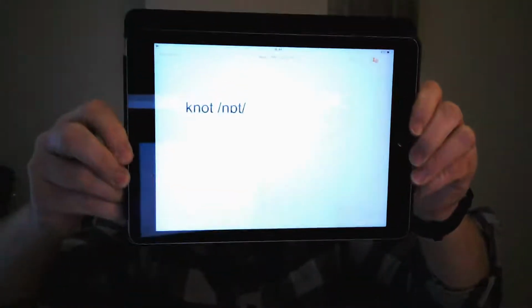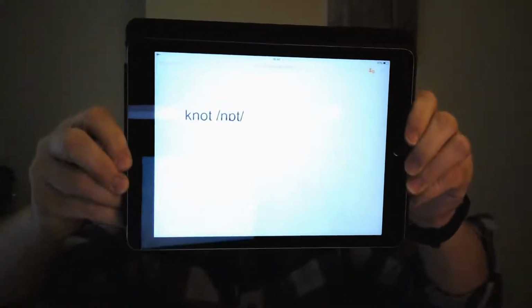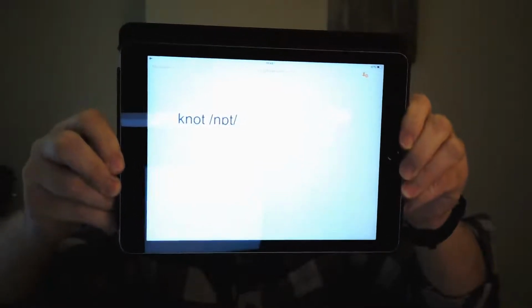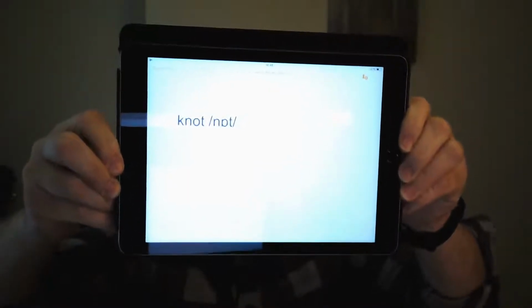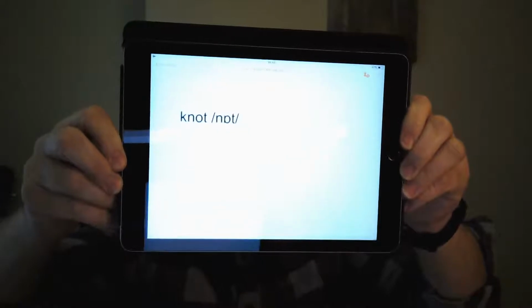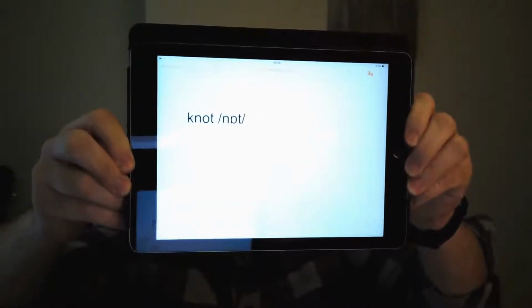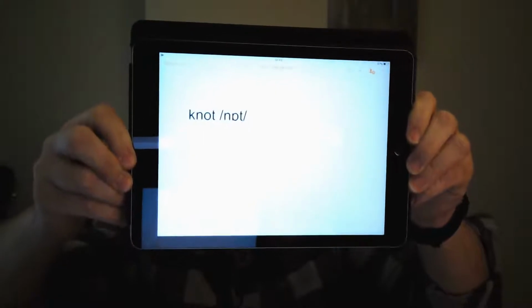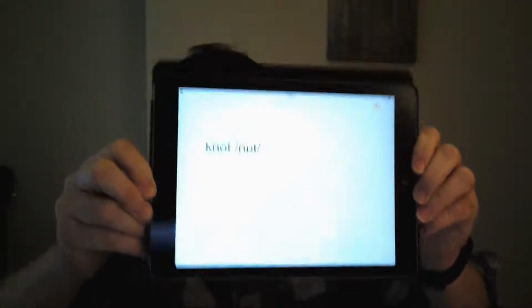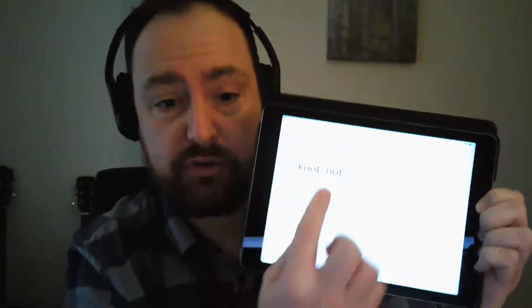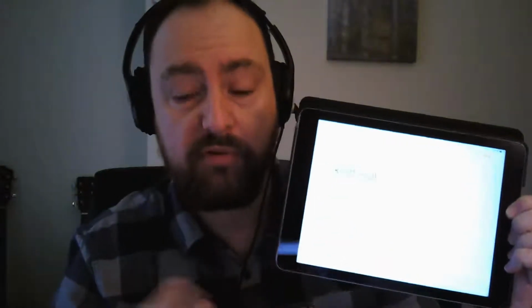Okay, so here we have the phonemic spelling as well, not, not. So as you can see, there's no k, there's no k sound there at all. So it's not, not. Phonemic spelling is also good for homophones, which are words which sound the same but have different spelling.